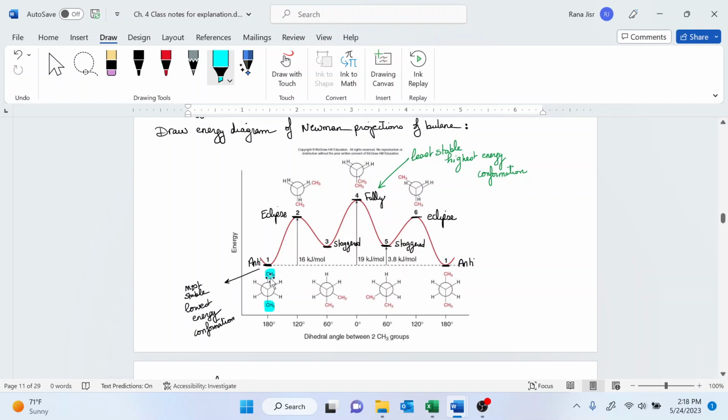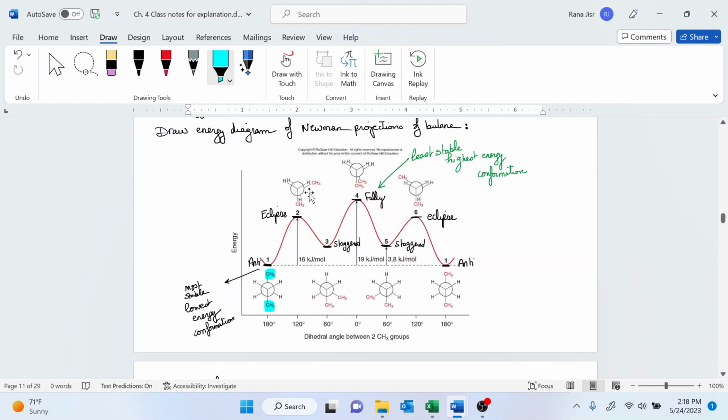There is a difference between the anti-staggered and the gauche staggered, as you can see. Anti-staggered is when your CH3s are 180 degrees apart. Gauche staggered is when your CH3s are 60 degrees apart. So you go from staggered, eclipse, staggered, eclipse, staggered, eclipse, staggered. Okay, back to wherever you start.